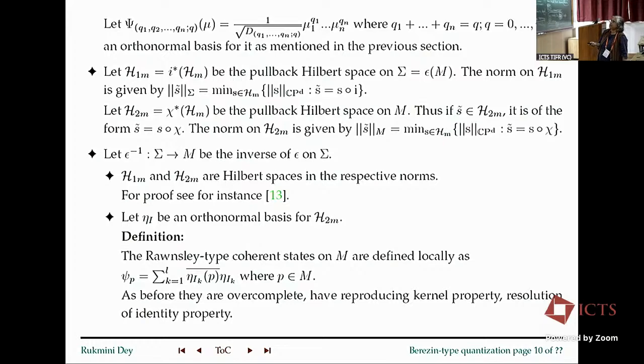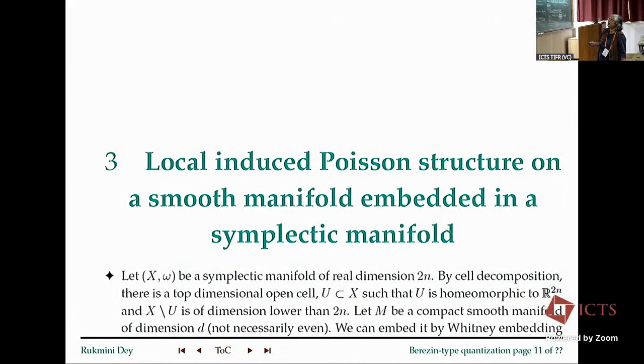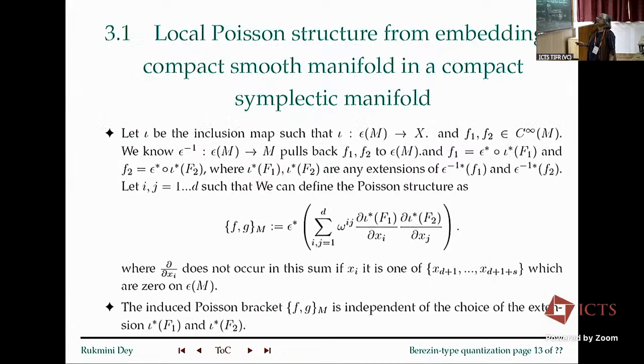And as before, they are overcomplete, have the reproducing kernel property and resolution of identity. So again, we induce the Poisson structure as follows. I'm not going to talk about that.